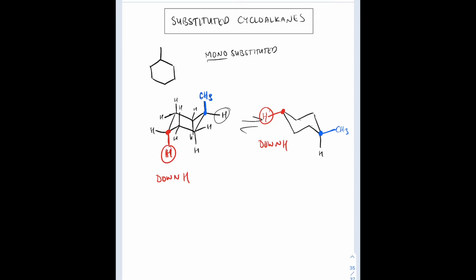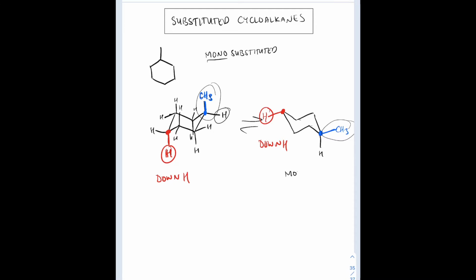But what we do want to point out is that one of these is more stable than the other. Okay, and what do you think it is? Which one do you think would be more stable based off of the structure of these two? What's the difference? They're all hydrogens except for the methyl group. So this methyl is axial, and this methyl on this particular chair conformation is equatorial.